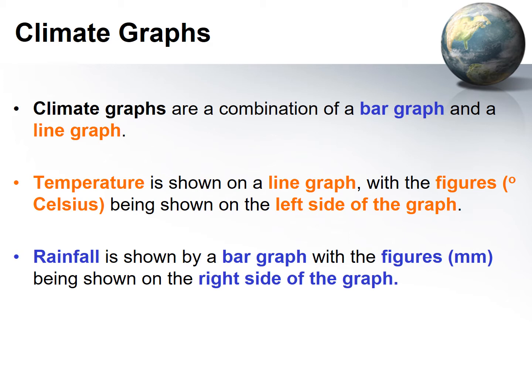Rainfall is shown in blue for the rain, snow, essentially precipitation. And the rainfall is shown by the bar graph and the figures measured in millimeters, which is then measured on the right side of the graph. It is important to remember that both the temperature and the precipitation are averages done from one month to the next.